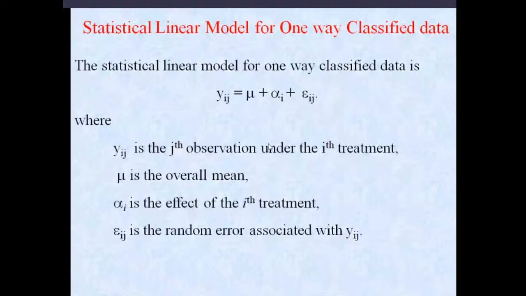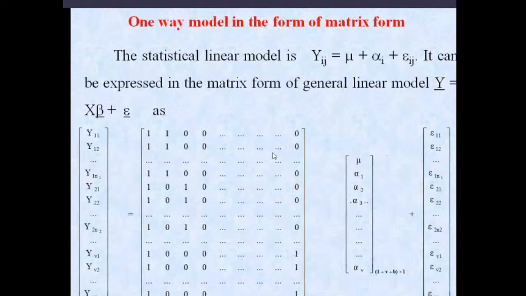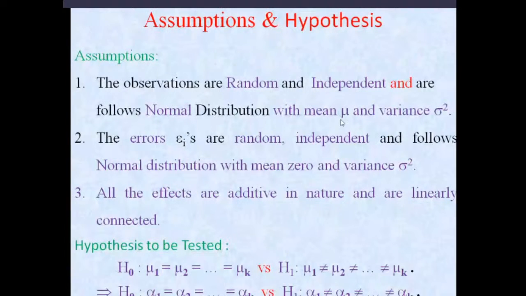The observations are random, independent, and follow a normal distribution with mean mu and variance sigma square. And the errors are random, independent, and follow a normal distribution with mean 0 and variance sigma square.